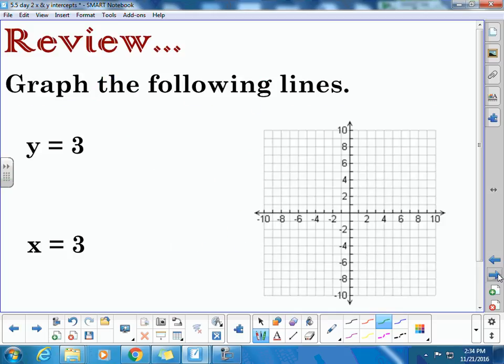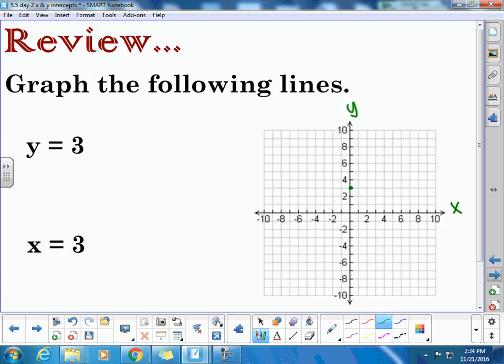All right, so review. If I'm going to graph the following, where is y equal to 3? This always throws kids because that's a line. I want to know every single place y equals 3. This is the y-axis, and this is the x-axis. So y is 3 right there. Kids often tell me that y is 3 in other places on that line, but it's not.